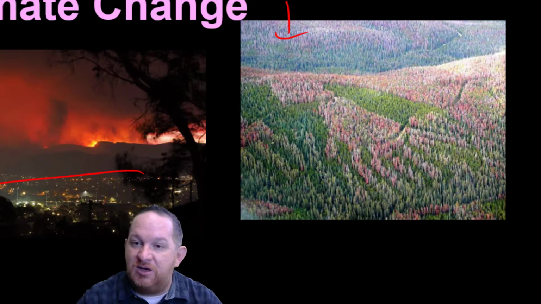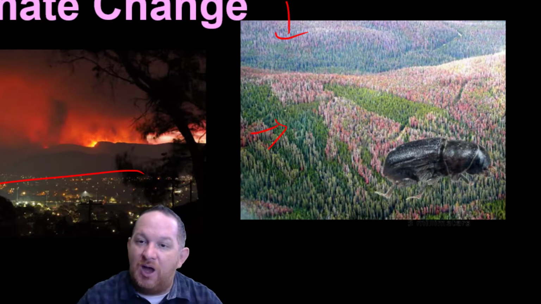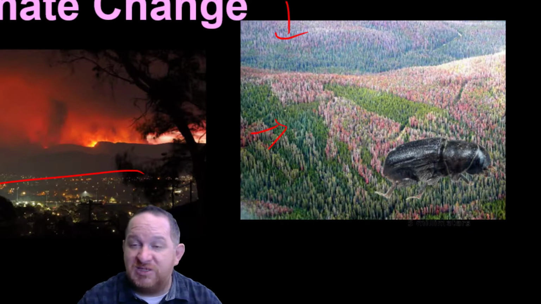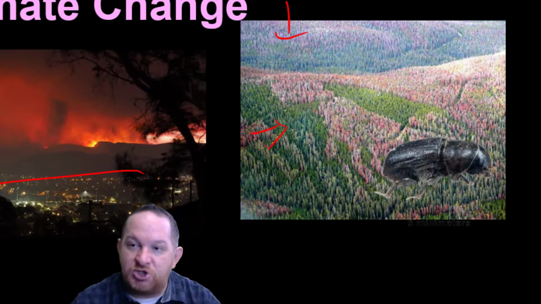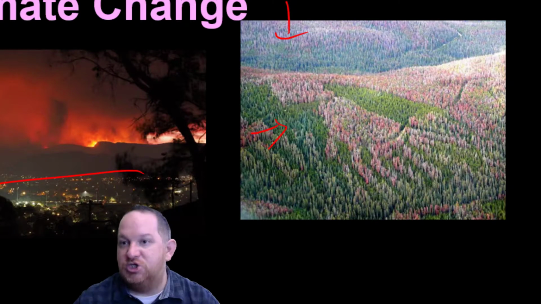And what you see here is with increasing temperatures, the pine beetle population was not reduced enough during the winters because we're having these warmer winters. And what happened is, as you can see, there's a lot of destruction with a lot of forests because some of these pine beetles don't get properly reduced in size in the winter, and then their population just takes off when it warms up, and that's going to destroy a lot of our forests.